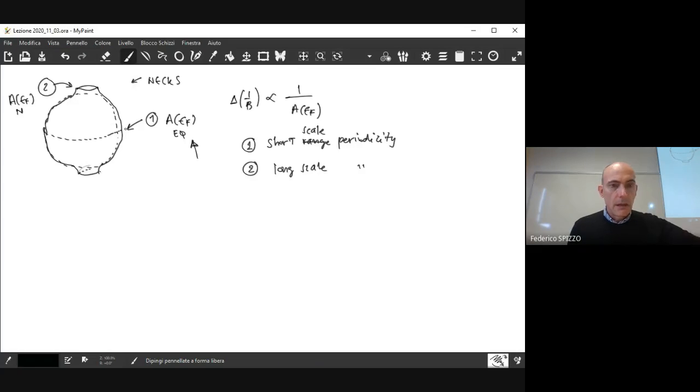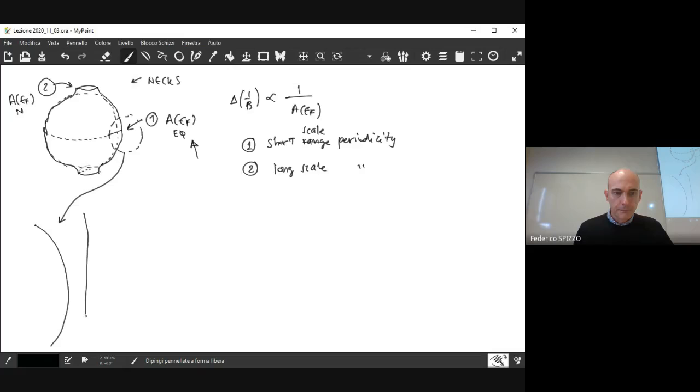The last question is, is it always possible to observe this effect? The answer is no, because now I make just an expansion of what you have here. So if you consider just this small portion, so you have the Fermi surface here, then you have one cylinder and another cylinder.